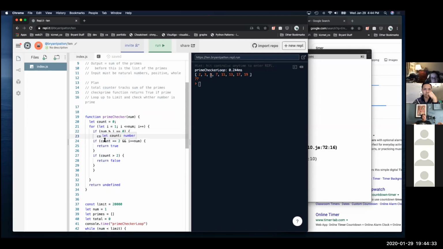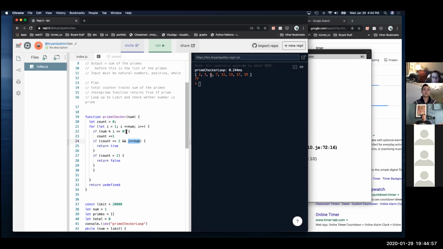If count reaches 2 and the divisor is equal to the number, then we know that it iterated through to the number, and the second divisor was itself, right? Does that make sense?